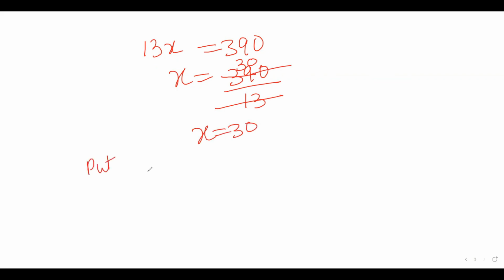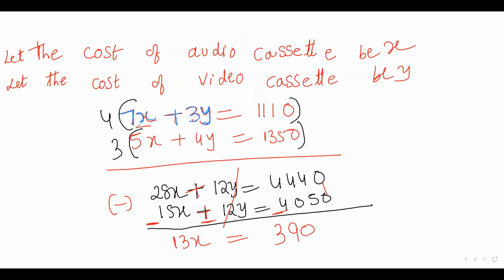Put x is equal to 30 in equation 1. What is equation 1? 7x plus 3y is equal to 1110.